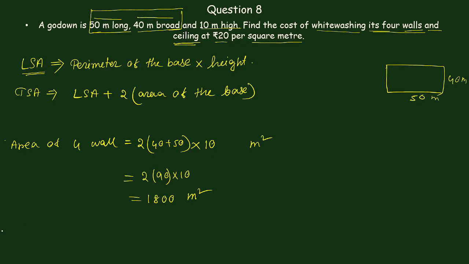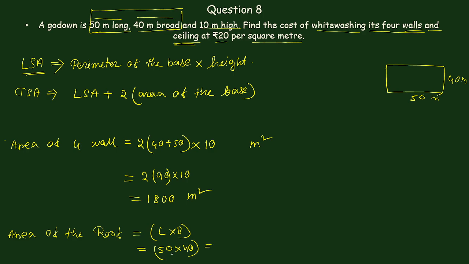So area of the roof will be length into breadth. So length is how much? 50, breadth is 40.